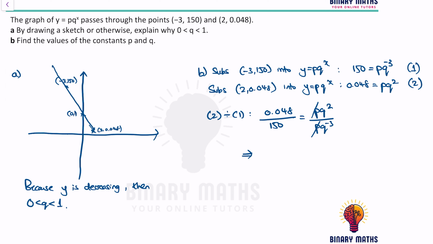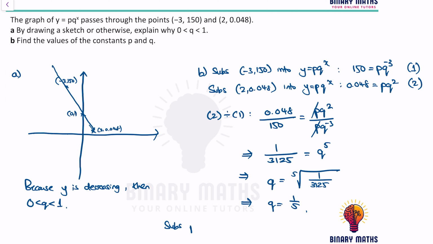Now do this division. I end up getting 1 over 3,125 in my calculator is equal to q^2 divided by q^(-3), which is q to the power of 5. Which means q must be the fifth root of 1 over 3,125, which ends up giving me q = 1/5. So I found q, now I need to find p. Substitute q = 1/5 into equation 2.